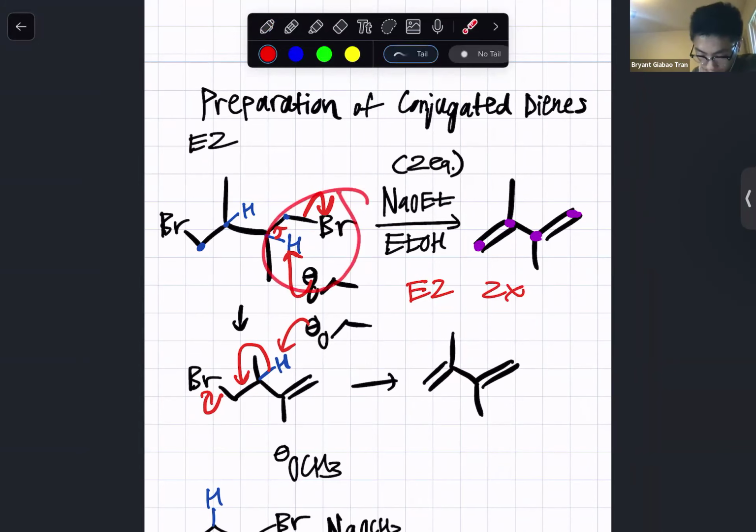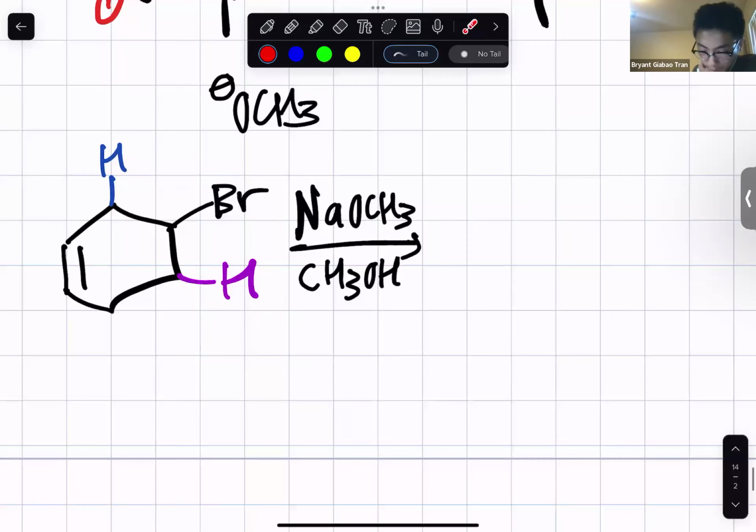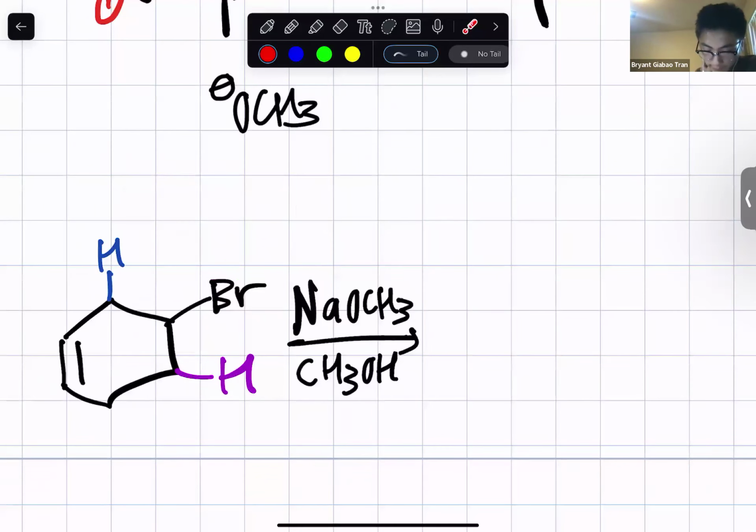The first E2 made that first double bond. The second E2 made this second double bond. Now this time we're only going to do E2 one time, but we have a choice here. We could either grab this beta hydrogen or this beta hydrogen here. Which beta hydrogen do we want to grab to make a conjugated diene?